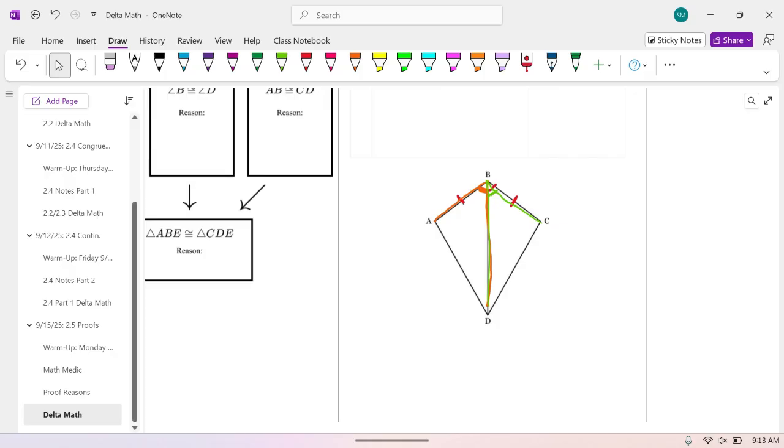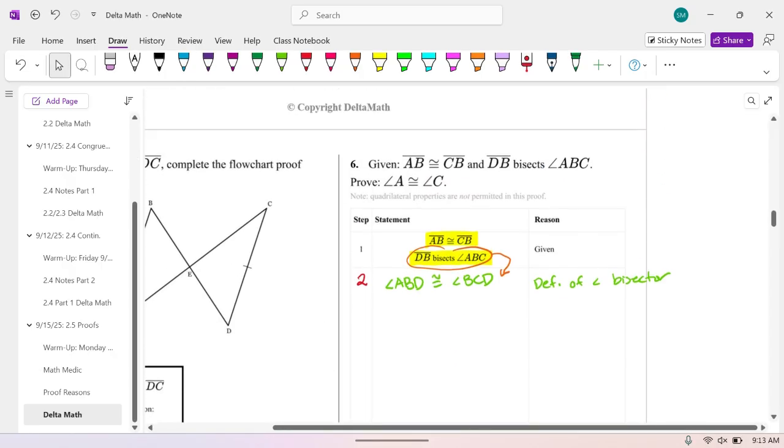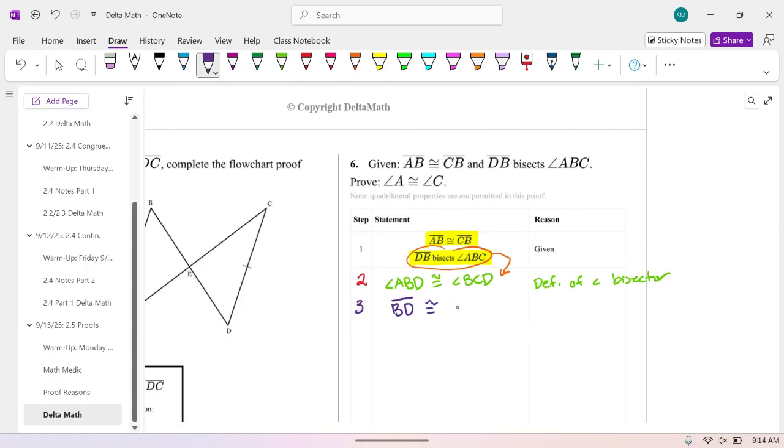So they share this side right here. So we can say that based off of that, side BD is congruent to BD. Why?